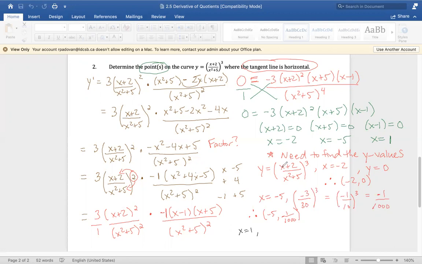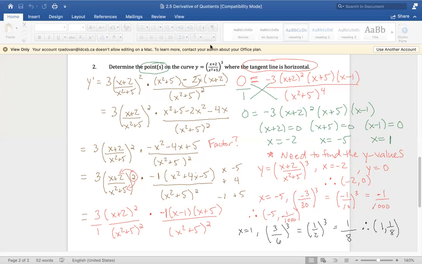I would have 1 plus 2 is 3. 1 squared is just 1 plus 5 be 6 cubed. But again, why not break that down into lowest terms? If I were to cube 1, I'd get 1. 2 times 2 is 4 times 2 is 8. So I'd end up with 1/8. So therefore, my third point would be 1 and 1/8.